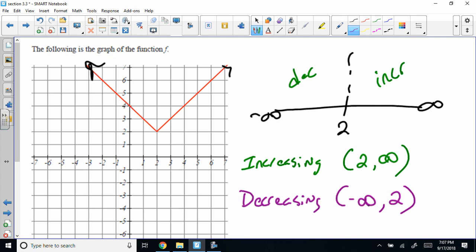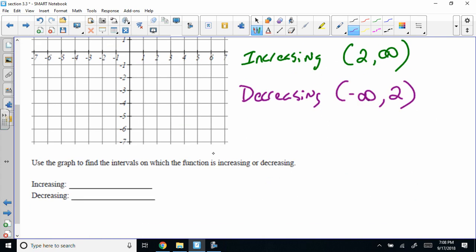If it was a dead stop, like an endpoint maximum, we would put a bracket, but they put a parenthesis. So a little disagreement in terminology on that, but 99% of the time it'll get a parenthesis. And we've answered these questions down here. So, all right.